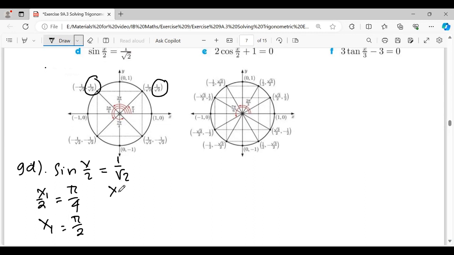After that, x2 over 2 equals 3 pi over 4. Times 2, 6 divided by 4, it will be 3 over 2 pi.